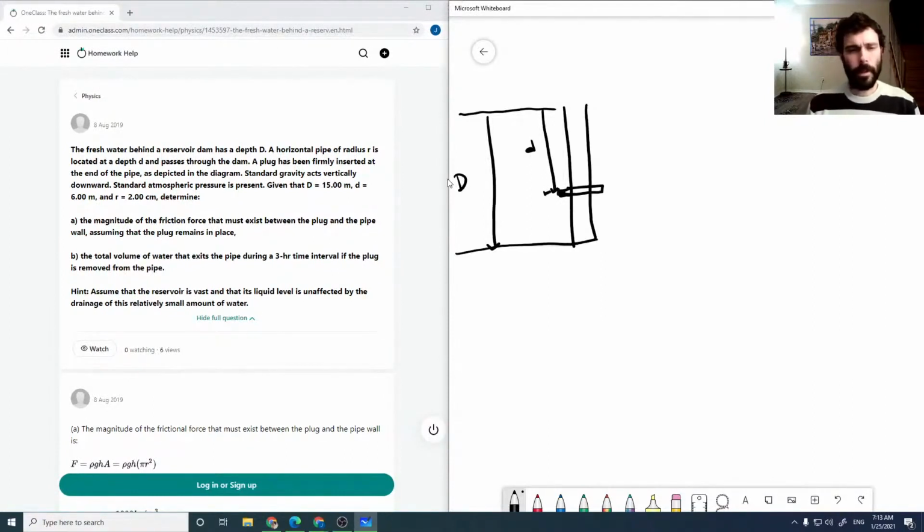And we've got a plug firmly inserted in the pipe. Standard gravity acts vertically downward, and standard atmospheric pressure is present.